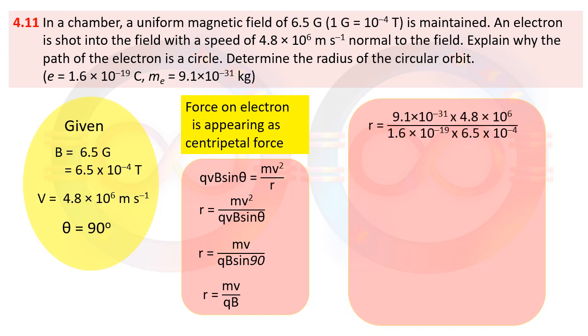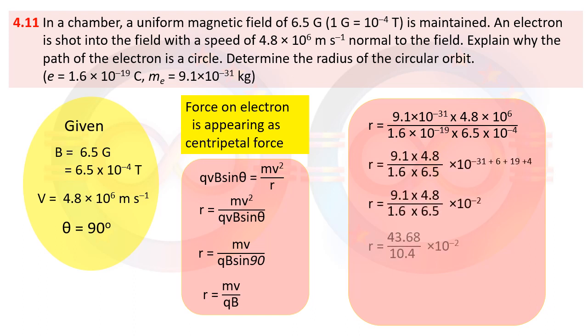Now m is nothing but the mass of the electron, v is the velocity of the electron, q is the charge on the electron, and B is the existing magnetic field given over there. We put all the values, we calculate it and adjust the power of 10, we will be getting 4.2 into 10 raised to minus 2 meter or 4.2 centimeter, which is the radius procured by the electron during its motion.